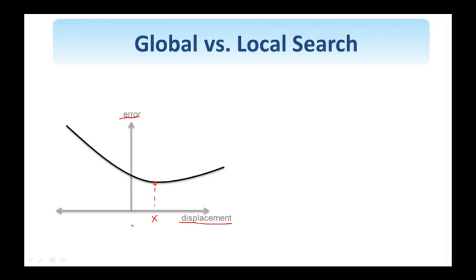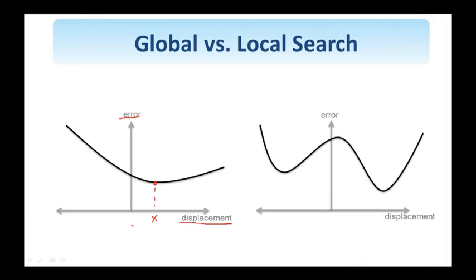In practice, of course, we have no idea of how this matching error function would look like, and most probably it's a non-convex function. And here's an example of a non-convex matching error function, and in that case clearly we may get stuck in one of the local minima, and therefore we won't get the best possible solution, the smallest matching error within the search region.